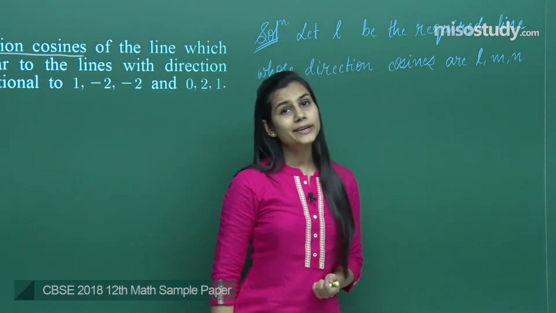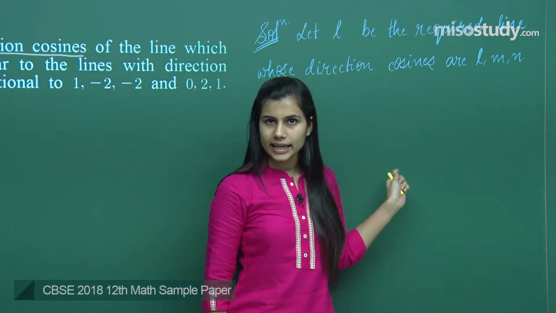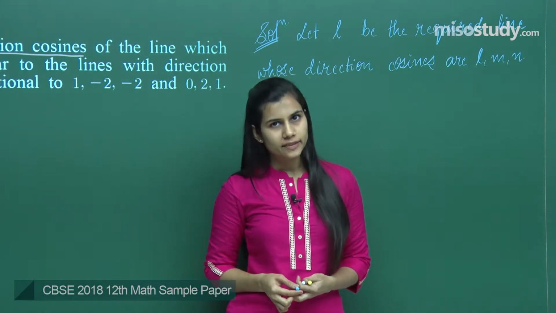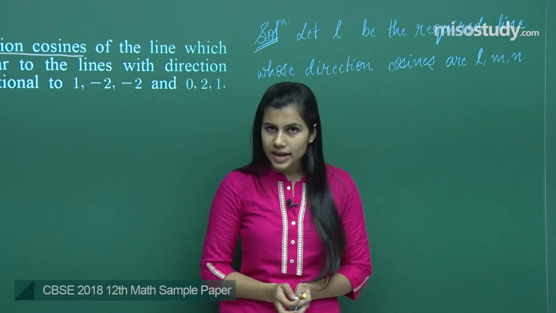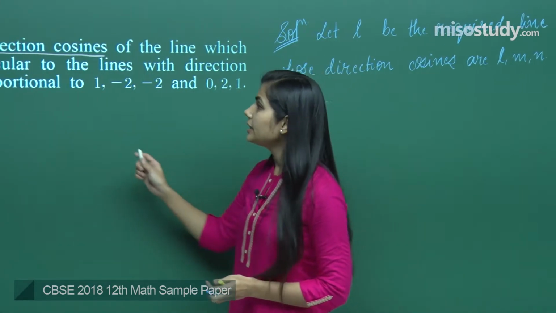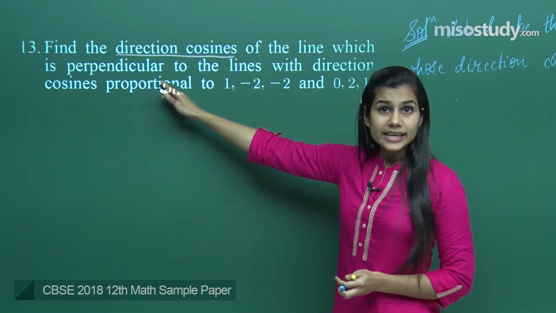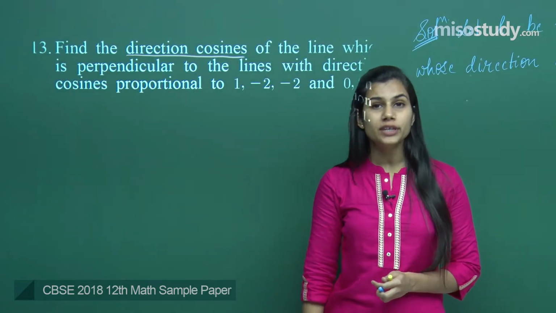Now these are three unknown values related to the line L which we are supposed to find in the question. But the thing which is going to help us find the exact values of l, m, n is basically the condition that this line L is perpendicular to two different lines.